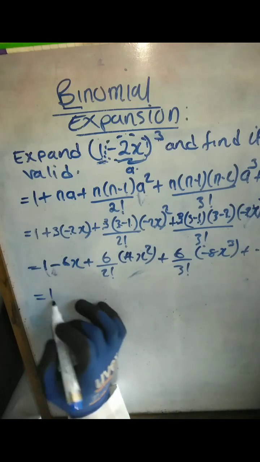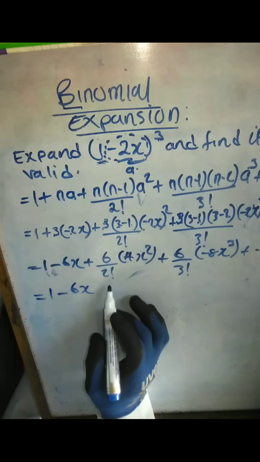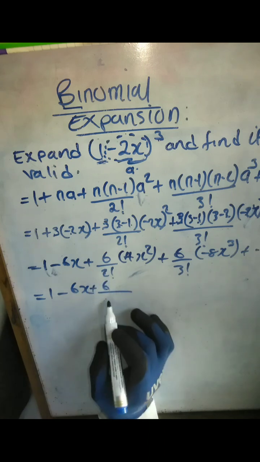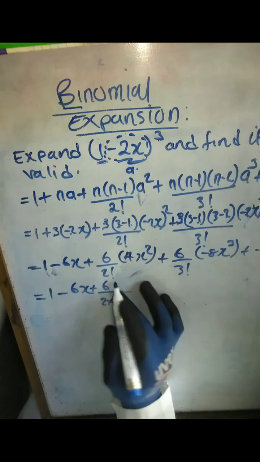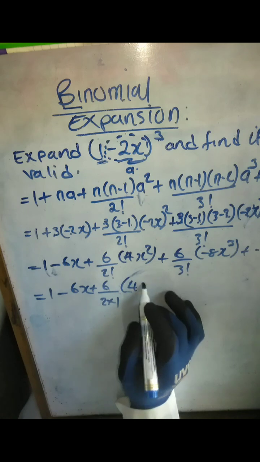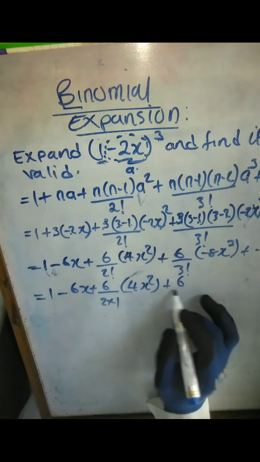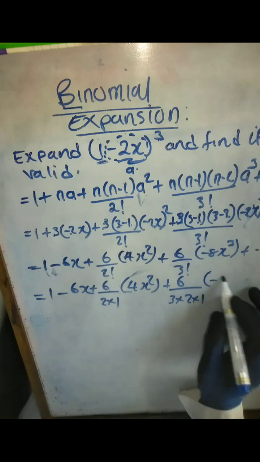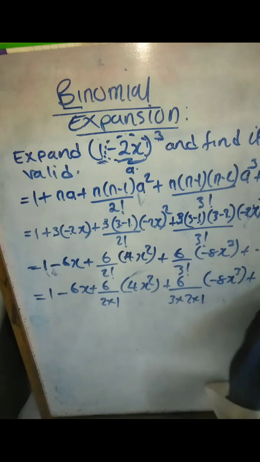So this now gives us 1 minus 6x over 2 factorial, which is 2 times 1, then 4x squared, plus 6 over 3 times 2 times 1, that's 3 factorial, multiplied by negative 8x cubed, plus and so on.